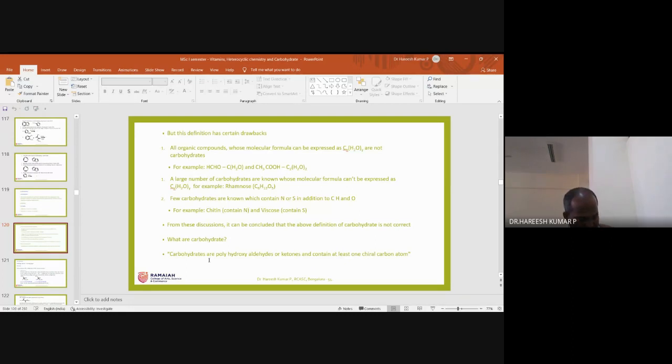So carbohydrates are polyhydroxyaldehydes or ketones, and they contain at least one chiral carbon atom. Such compounds are called carbohydrates.